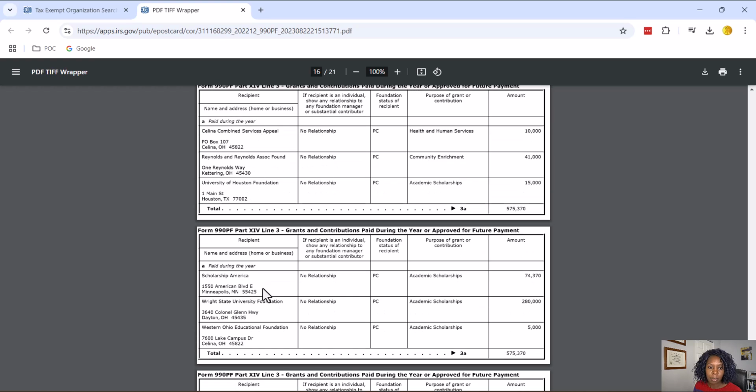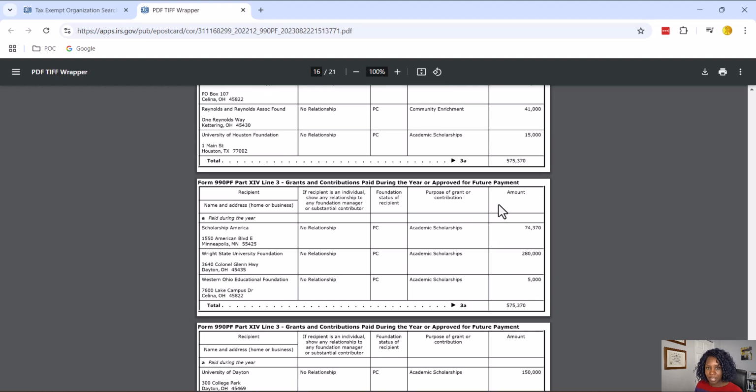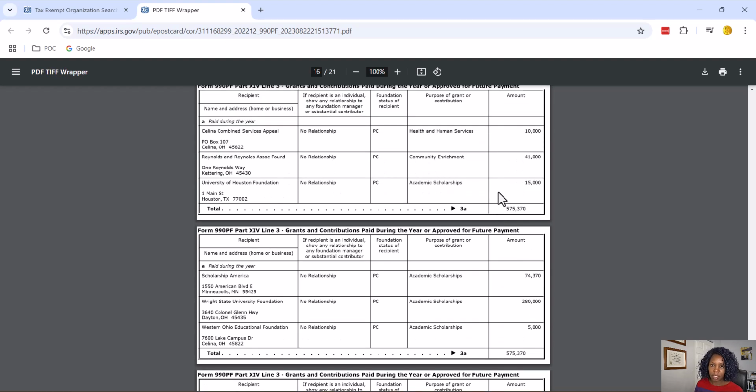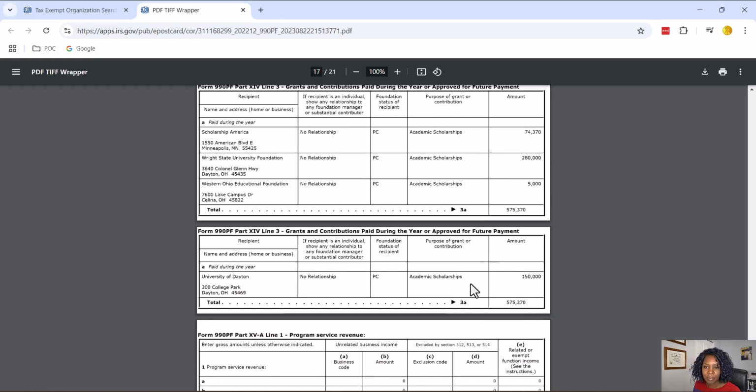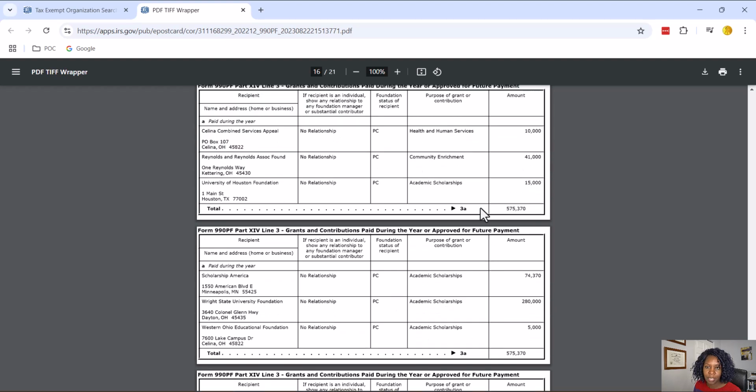So let's see, 1, 2, 3, 4, 5, 6, 7. So there's 7. They funded 7 agencies last year, or for 2022, and it looks like a lot of the funding was for academic scholarships. Okay. And one for health and human services and community enrichment, which was their other foundation.